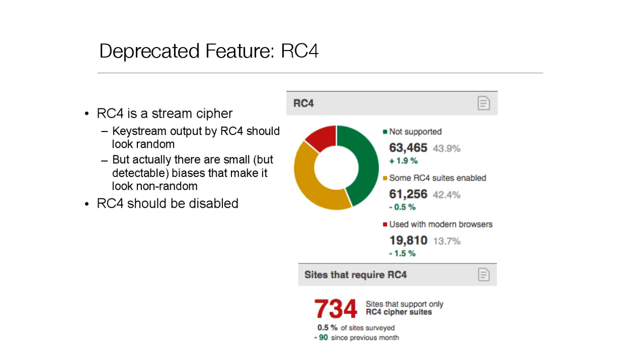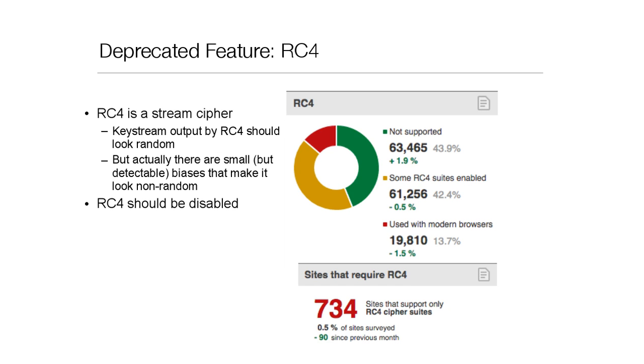In this setup, the key stream generated by the stream cipher should be pseudo-random, or at least look random. But actually there are small biases that make it look non-random in the RC4 setup.